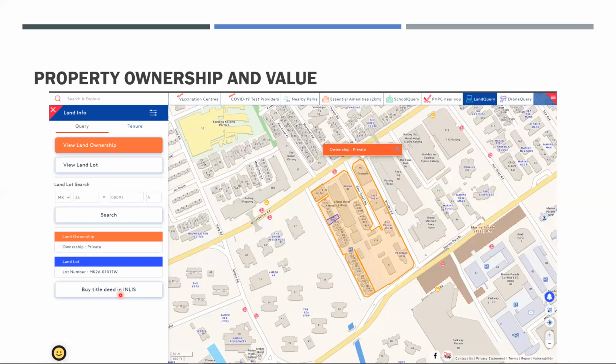And I reckon if you follow through the on-screen instructions and links, you can also, up to some extent, view the land value of that particular lot.